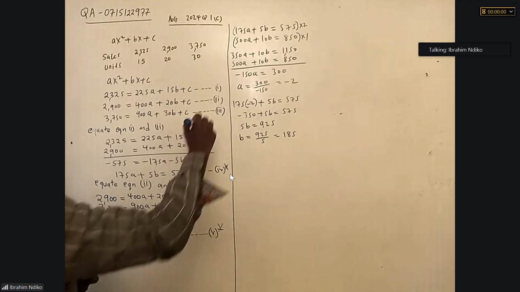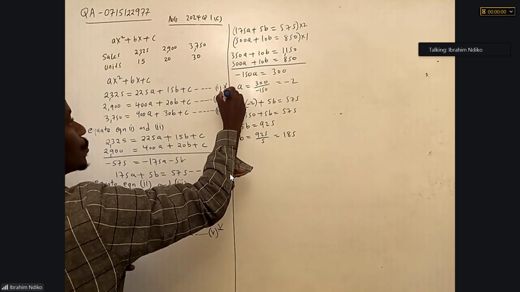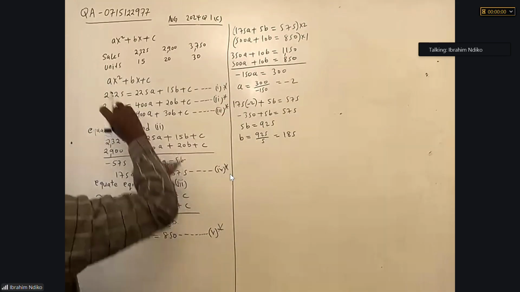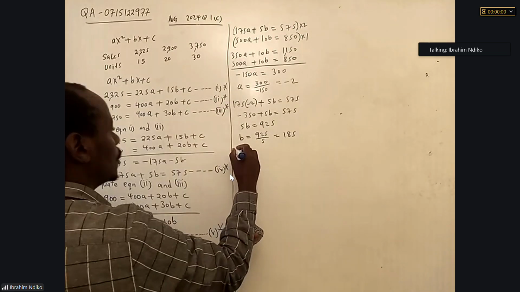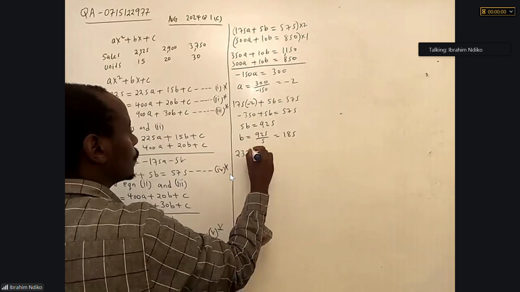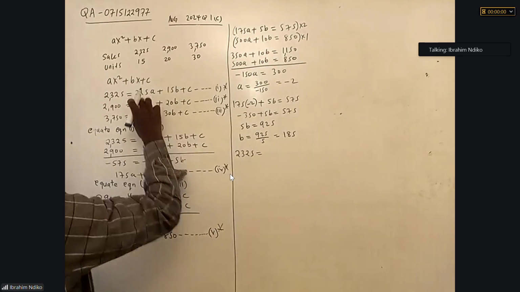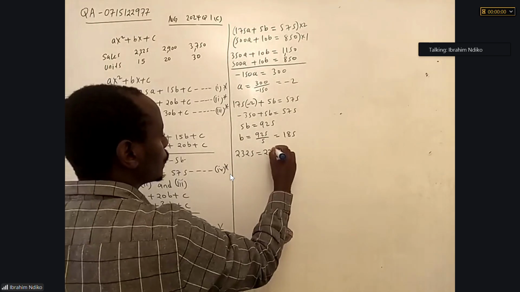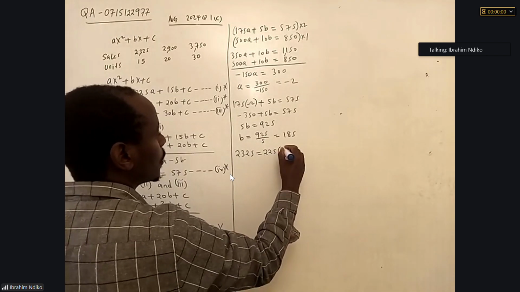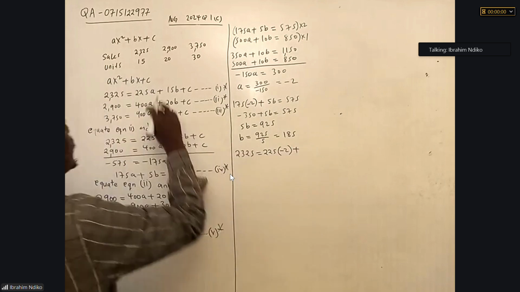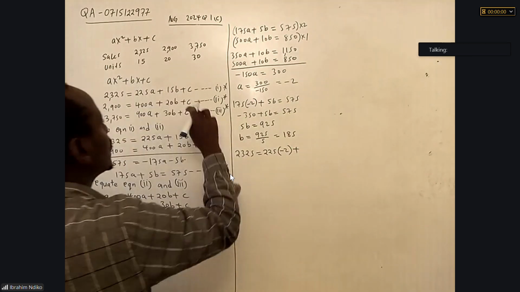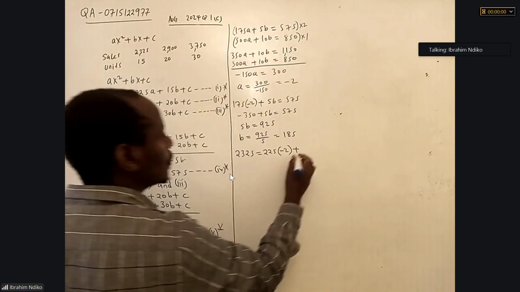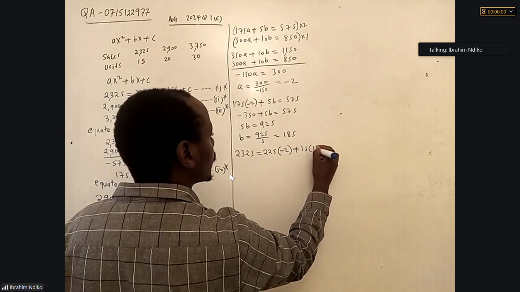Then we need to find the c. For c, we use either of these three equations. So we use the first one. 2325 is equal to 225a plus 15b plus c, where our a is minus 2 and our b is 185.